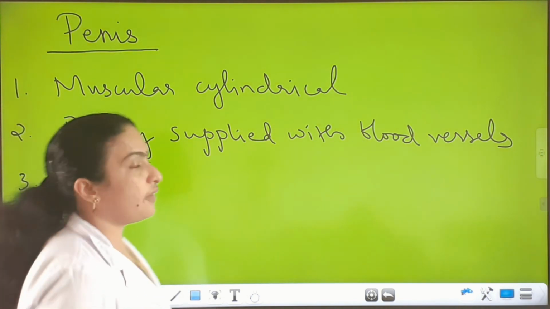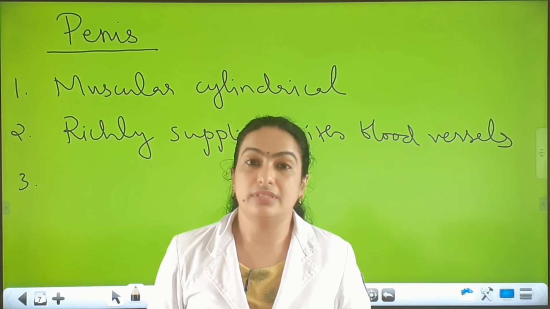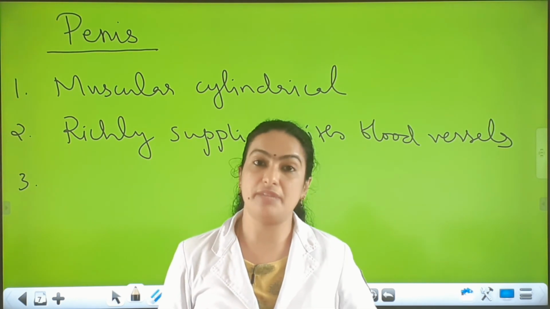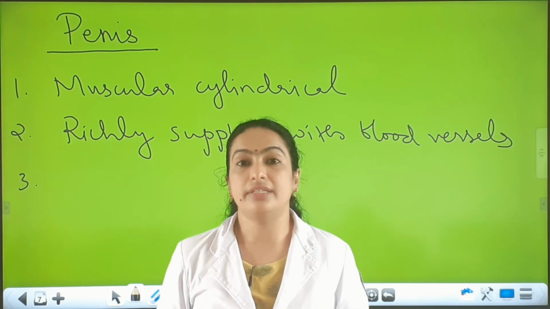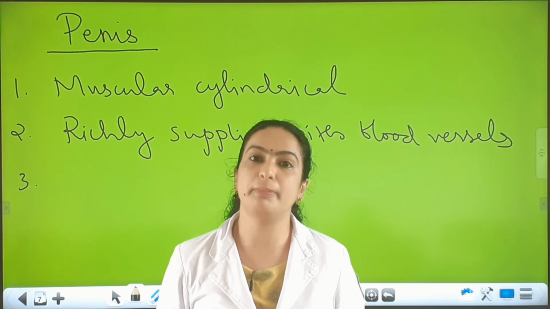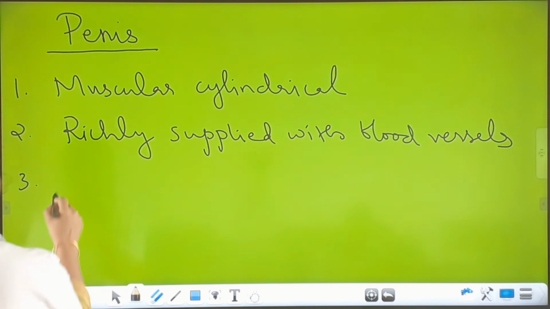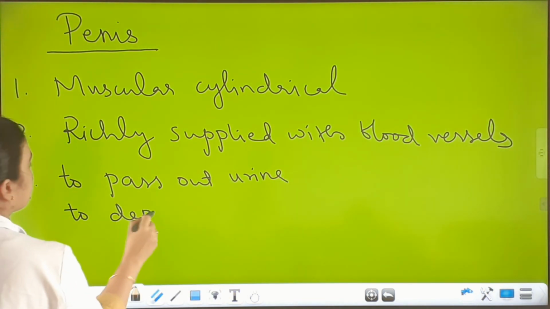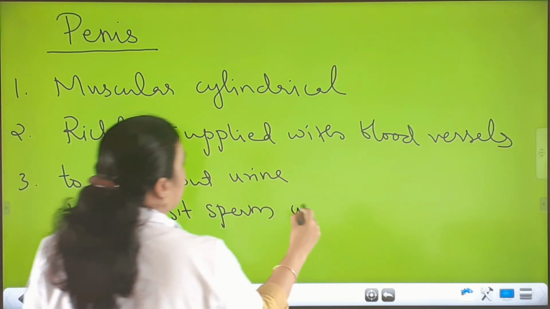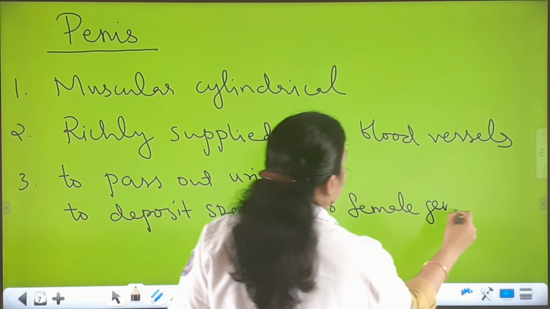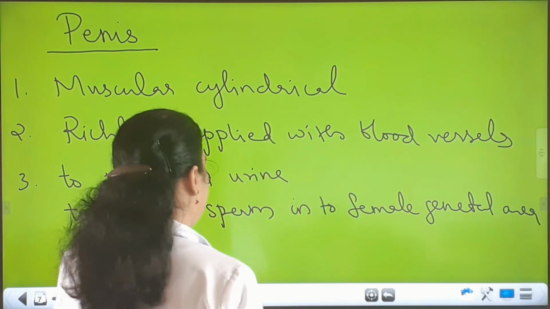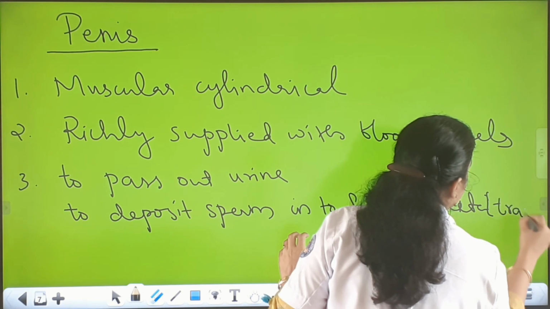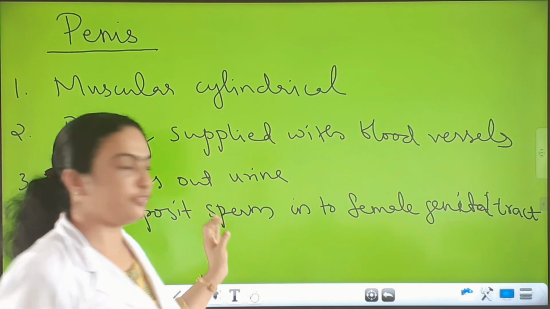And the third point, the function of this penis is to pass out urine that comes from the bladder through the urethra, and it also has to deposit the sperm into the female genital area or genital tract for fertilization or fusion.